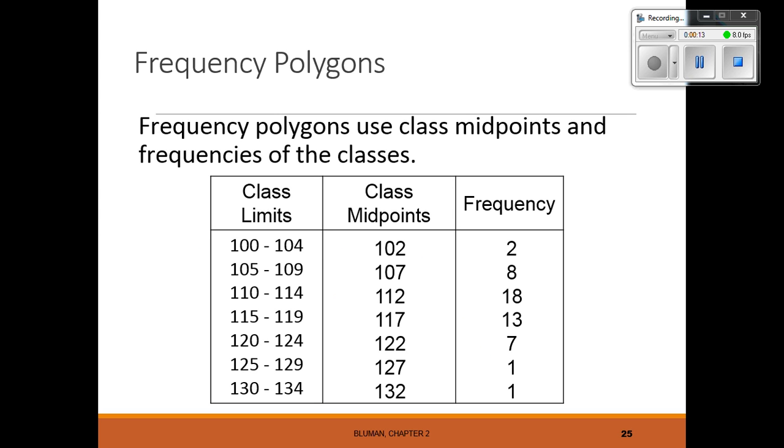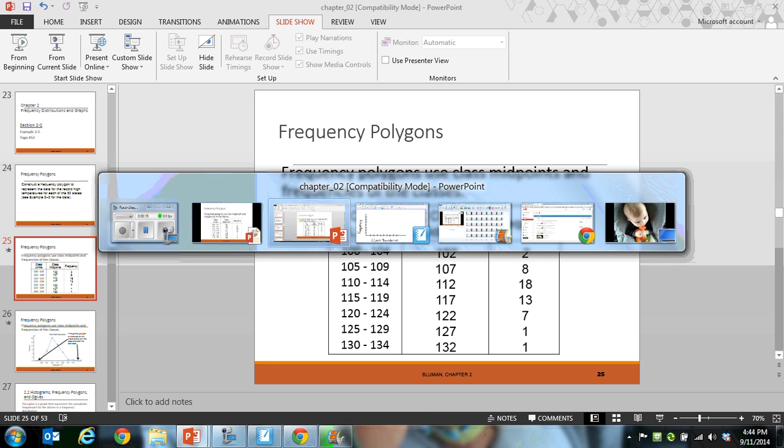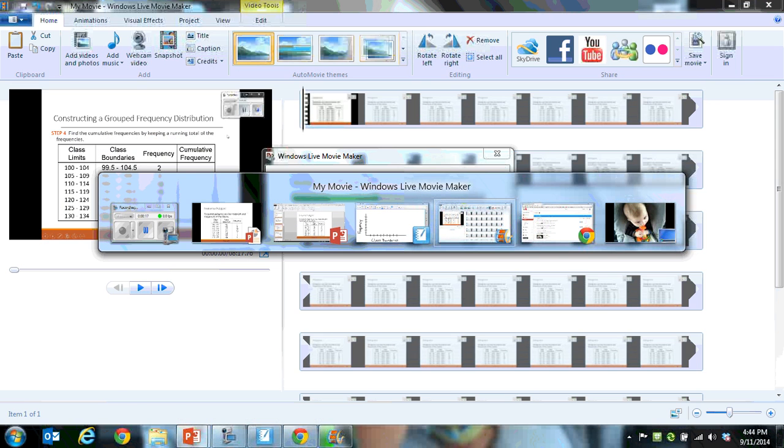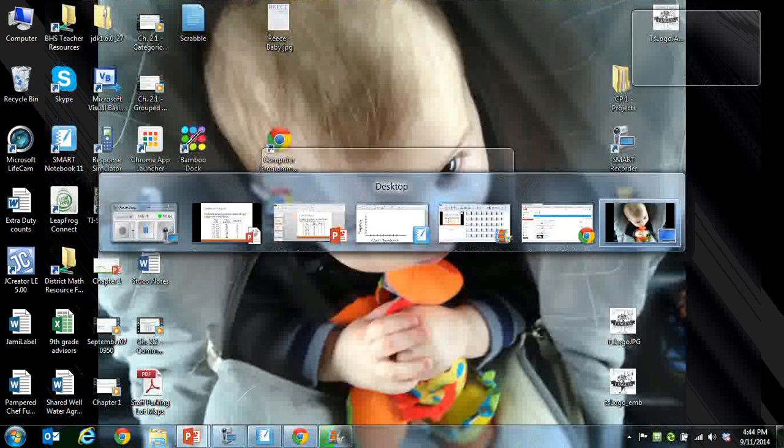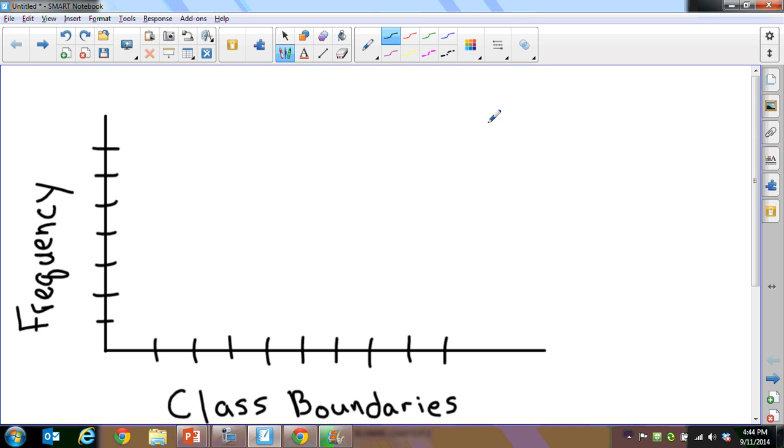So we're going to go ahead and go to our graph, and this time, instead of our class boundaries down here, which we really shouldn't have anyway, we will be using our midpoints.